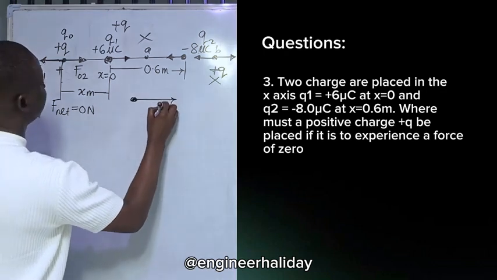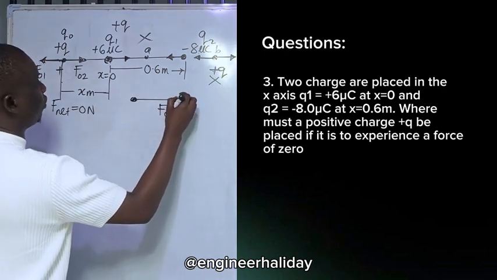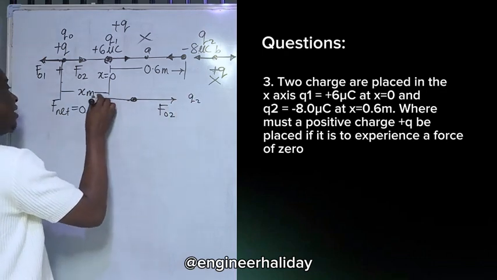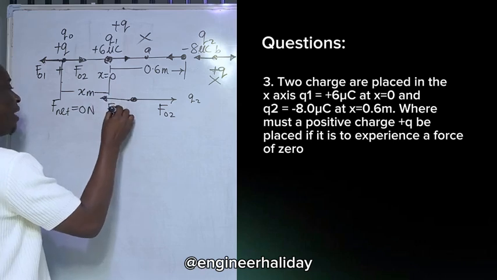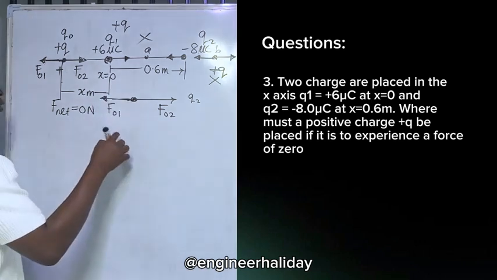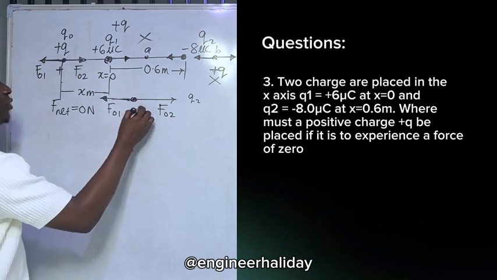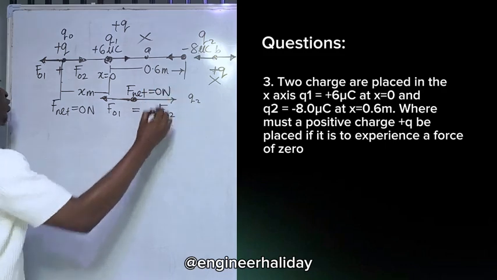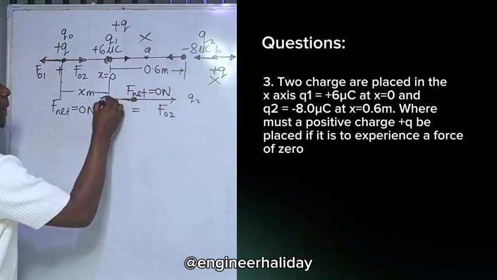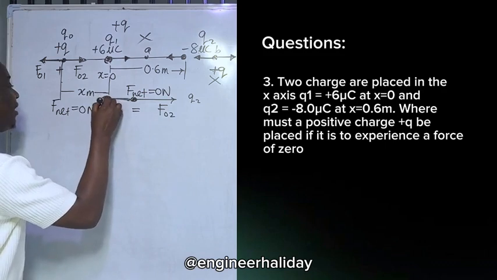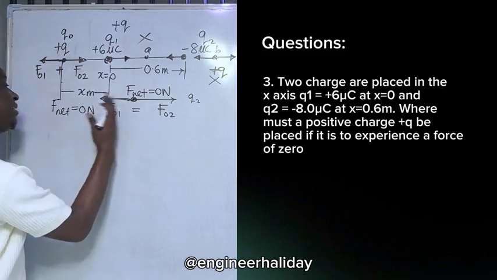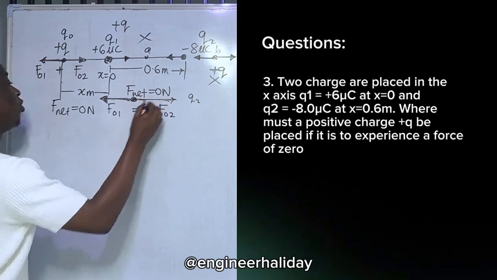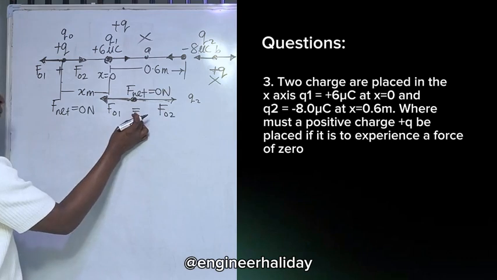F02 is created by Q2, while F01 is created by Q1, a repulsion. The net force here is 0 Newton, according to the question. If the net force is 0, it means the force acting this way and the force acting that way must be equal. That's why I equate them.